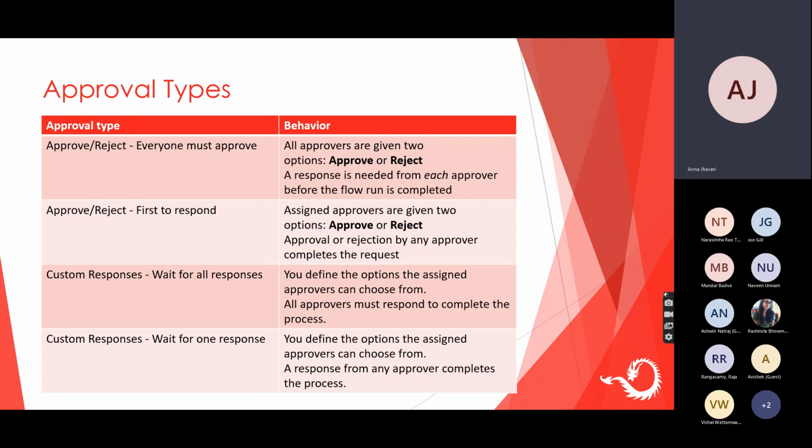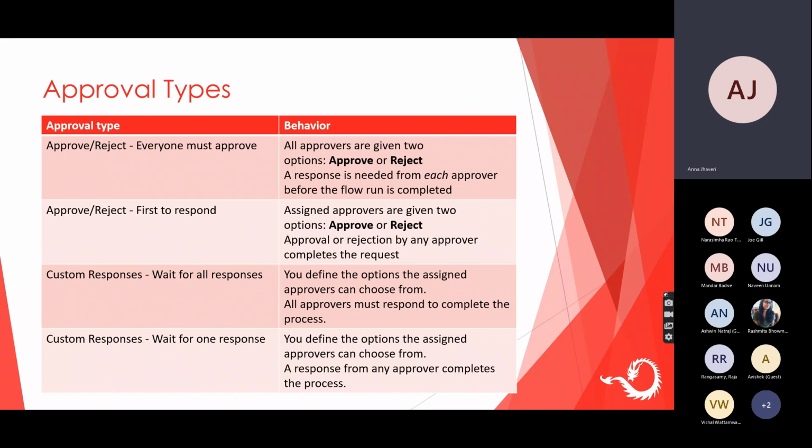So in that case, you have to use custom responses, where you can provide the custom responses as approve, reject, or resubmit. So that's one scenario where you could use custom responses. And also, if you want to provide something other than approve or reject, like 5%, 10%, 12% discount for a sales approval request, you can provide that kind of options as well.